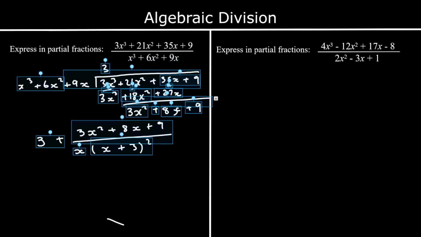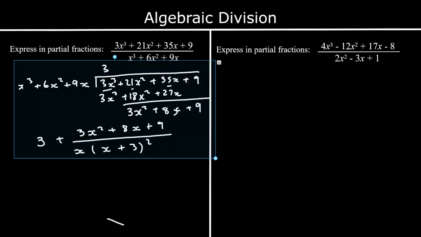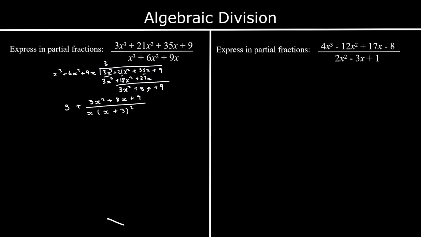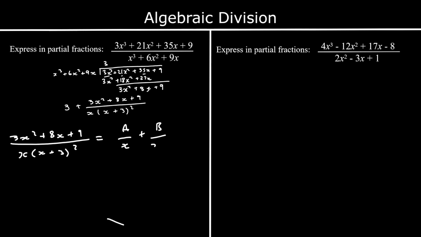So now we need to write in partial fractions. So we're going to say that our 3x squared plus 8x plus 9 part over x times x plus 3 squared is going to be A over x. And we've got the repeated factor here. So it's B over x plus 3, and C over x plus 3 squared.